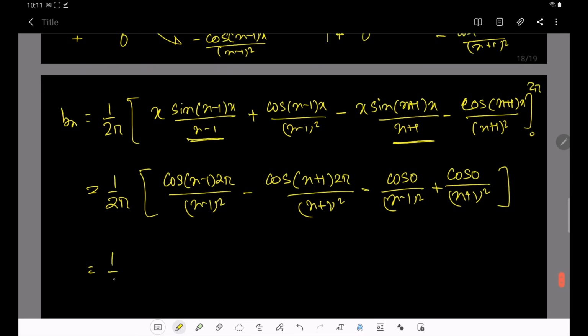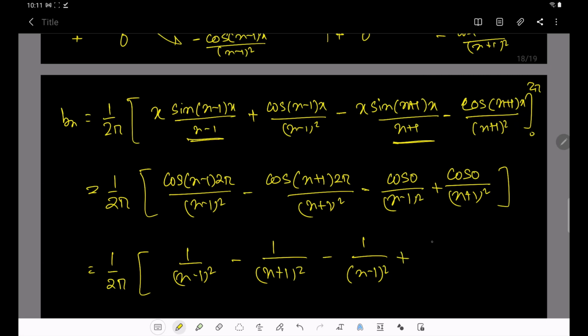So basically this is 1 by n minus 1 whole square minus 1 by n plus 1 whole square. This is 1 by n minus 1 whole square plus 1 by n plus 1 whole square.